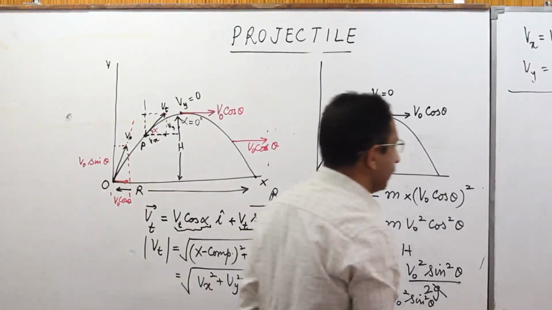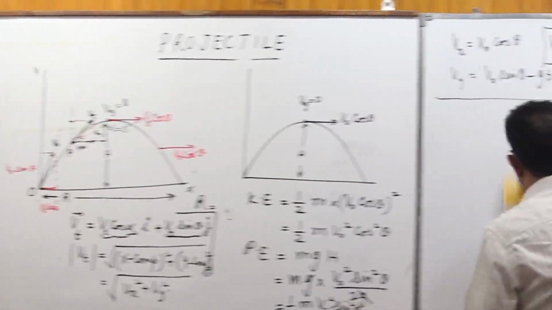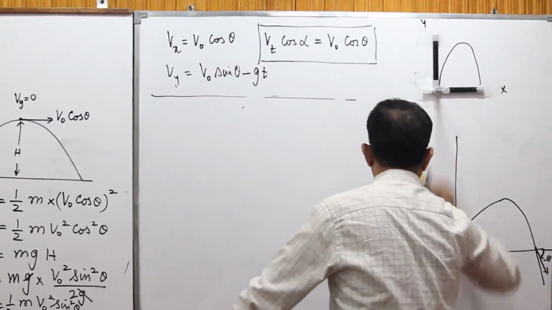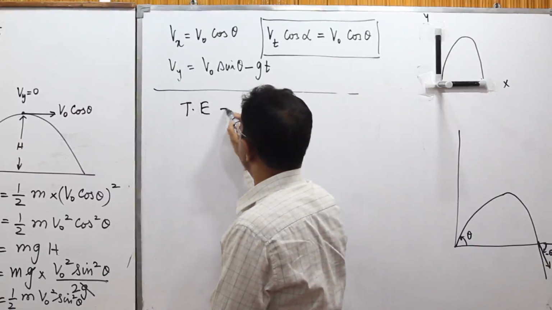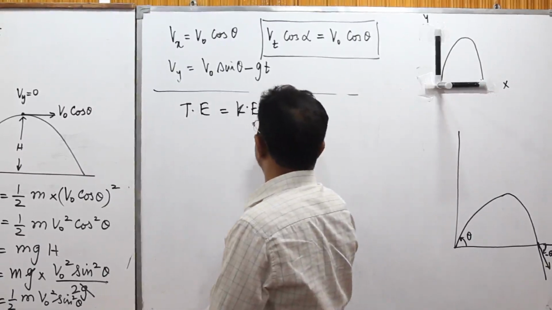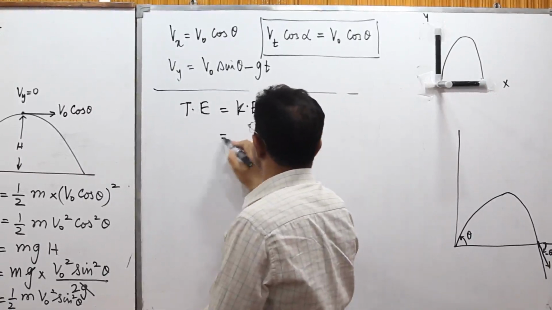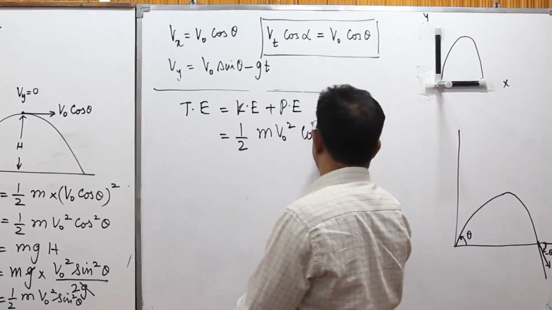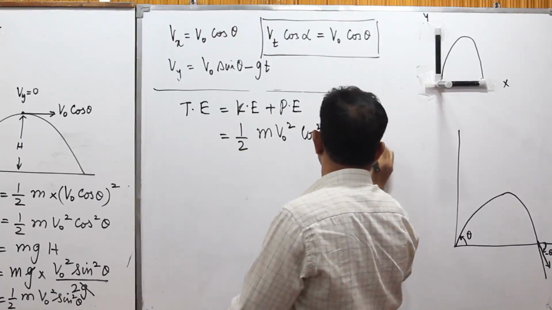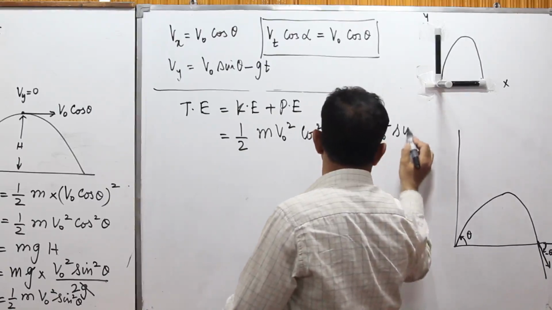If we talk about total energy, what is the total energy at this point? The total energy would be given by the sum of kinetic energy and potential energy. So total energy is equal to kinetic energy plus potential energy, that is 1/2 m v0 square cos square theta plus 1/2 m v0 square sin square theta.